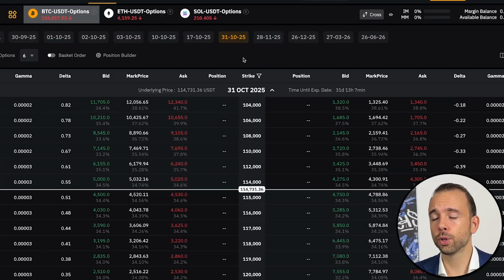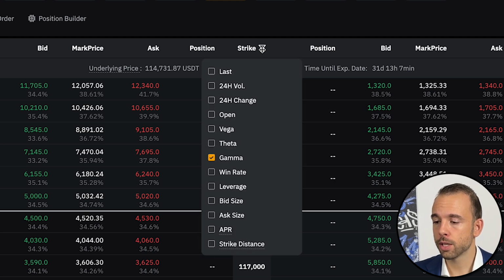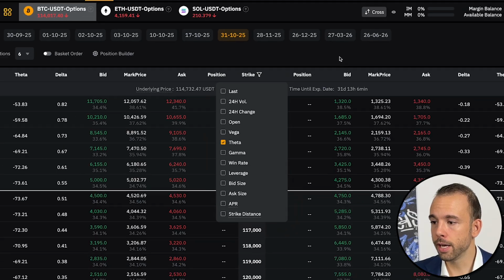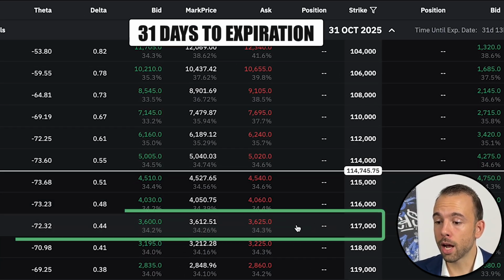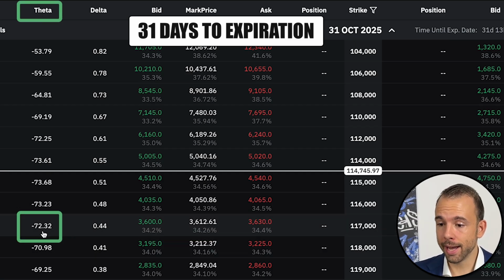And now let's take a look at the real example. First of all, to find the theta, we have to click one more time on the filter button. So let's disable the gamma and enable the theta. And here we go. So let's take a look at the call option with a strike price of $170,000. And here you can see the theta is equal to $72.